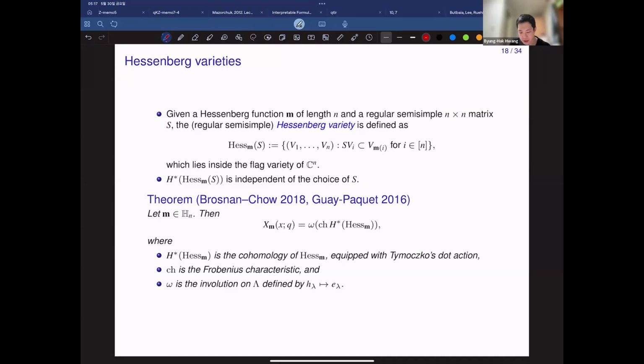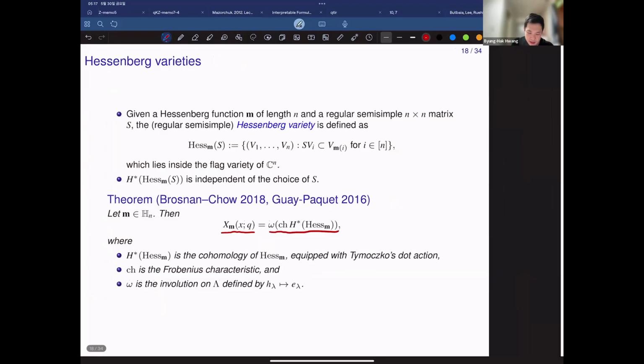Brosnan-Chow, and independently Guay-Paquet, proved that the chromatic quasisymmetric function is equal to the Frobenius characteristic of the cohomology of the Hessenberg variety corresponding to m. I hope you are familiar with this fact.